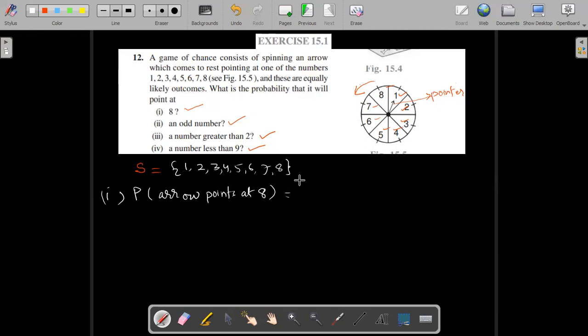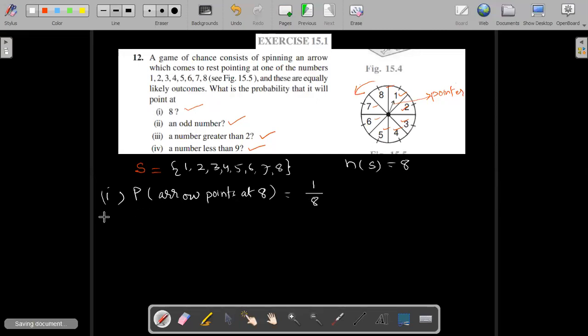So 1 and total number of possible cases are 8. So 1 by 8 is the probability of getting this event.